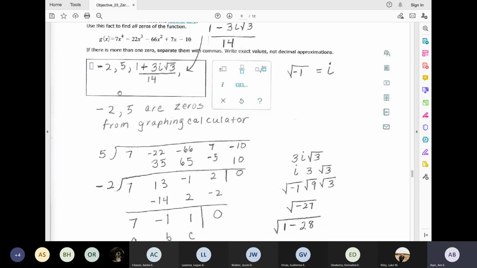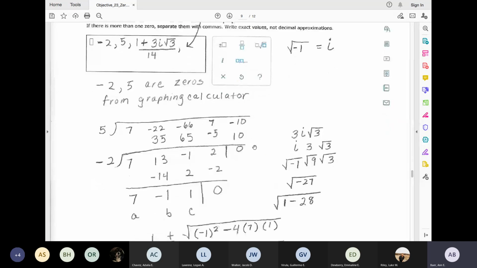So let's start with the 5 because it's positive. And let's write down all our coefficients. We have 7, -22 right here, -66, 7, and -10 right there.